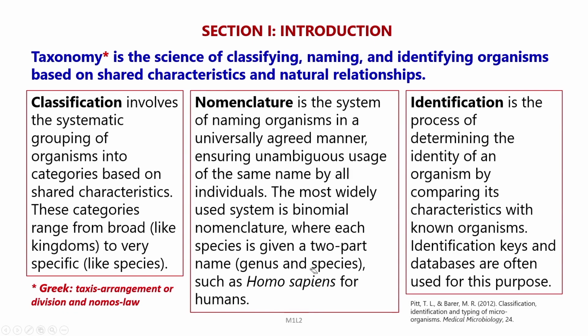The last important thing in taxonomy is identification. This is the process of determining the identity of an organism by comparing its characteristics with known organisms. Identification keys and databases are often used for this purpose.